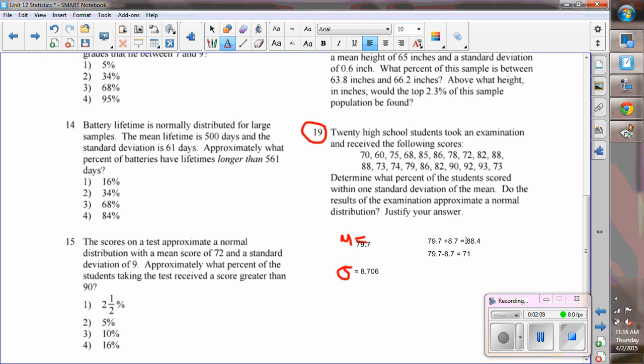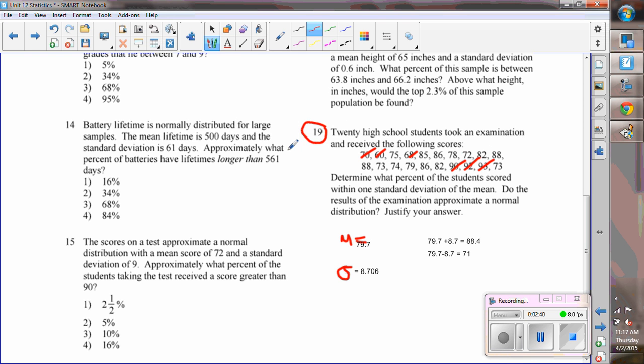So now I need to see how many scores are in that range. How many scores are between 71 and 88.4? No, no, yes, no, yes, yes, yes, yes, yes, yes, yes. 73, yes. 74, yes. 79, yes. 86, yes. 82, yes. 90, no. 92, no. 93, no. And 73, yes.